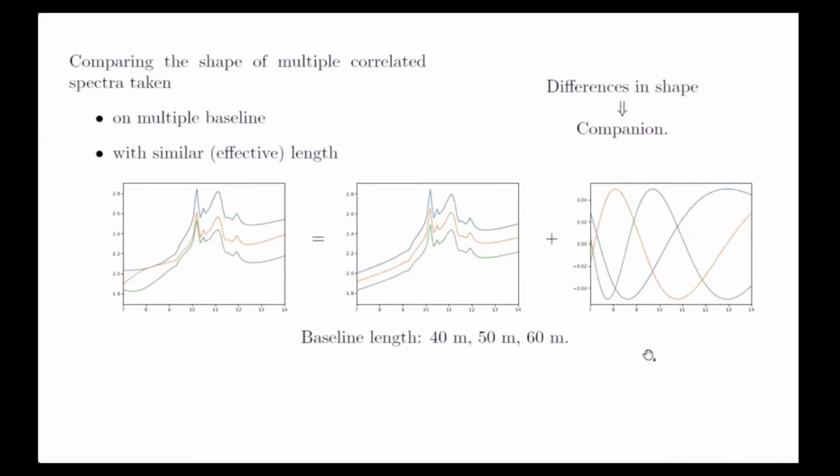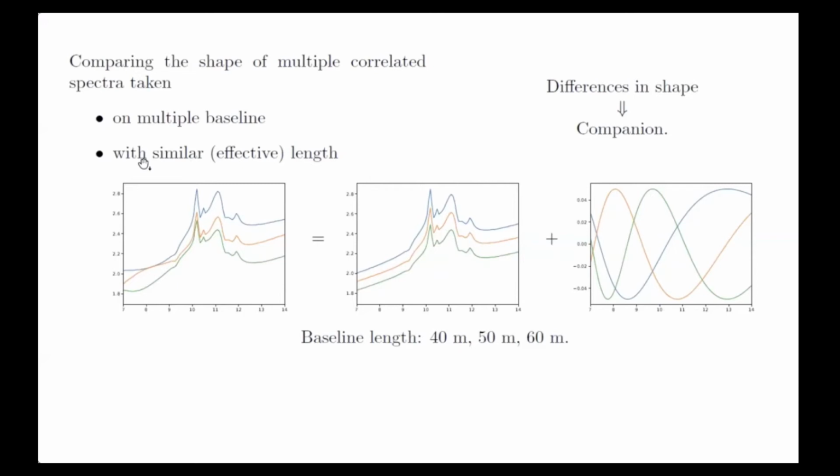On the other hand, the ripple term can be very different from each other, because even a small change in baseline length or a change in position angle of the baseline could shift the position of the peaks. Therefore, if we see a change of the shape, it is likely to be related to a companion.